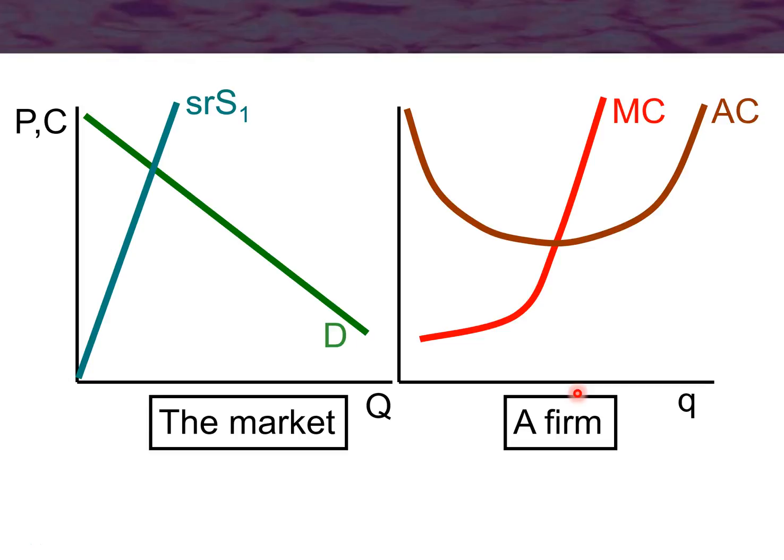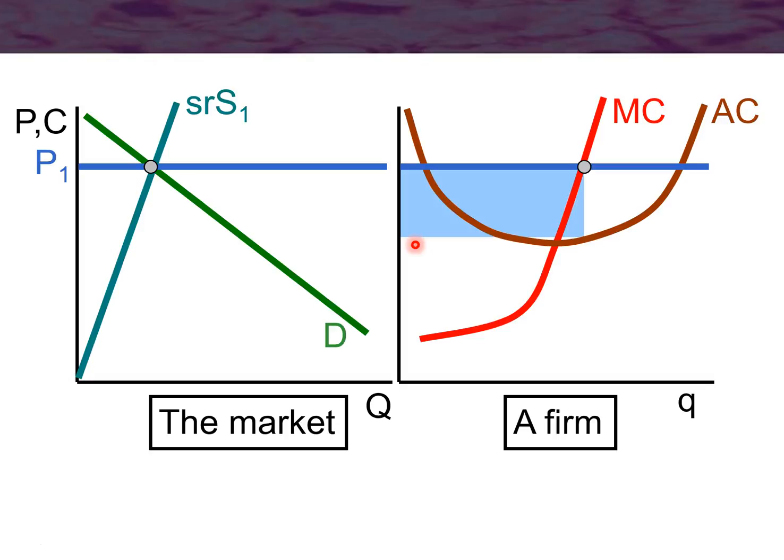And the same could be said, what if price is above average total cost? You can see here the price is set right here, and since price is above your ATC, we produce where marginal revenue and marginal cost cross, and you can see at this price it's above our average total cost, so we're earning a profit. Well, that's going to cause firms to come into the market, and when they come into the market, they bring supply with them, and as you can see, it shifts the market supply curve over to the right.